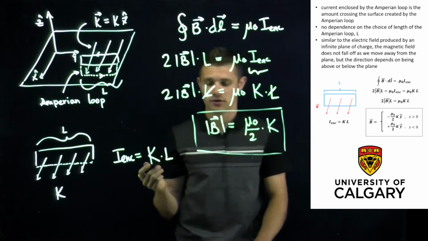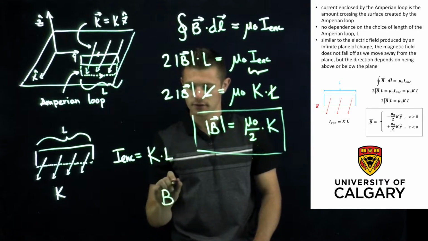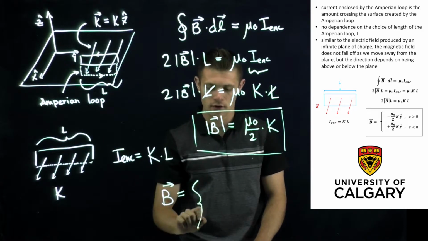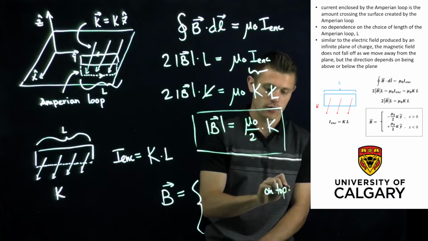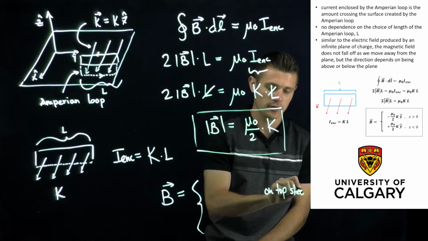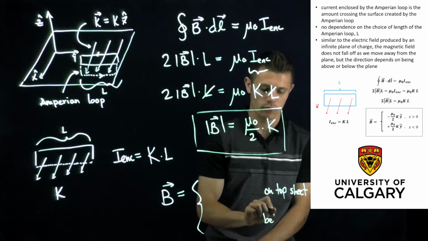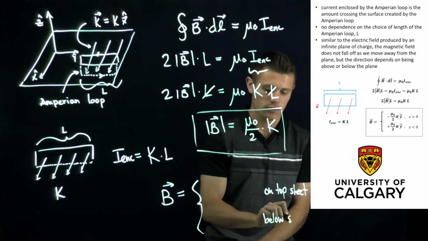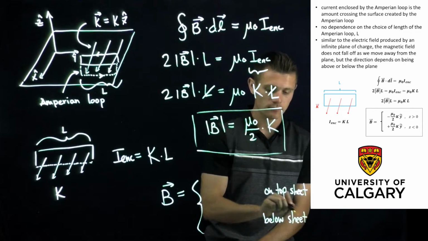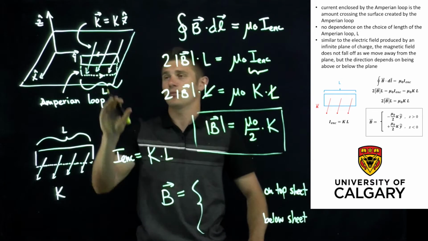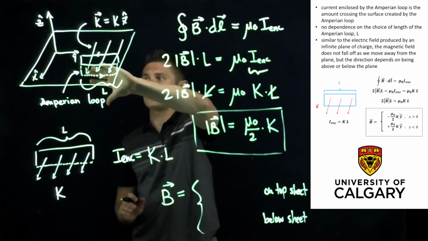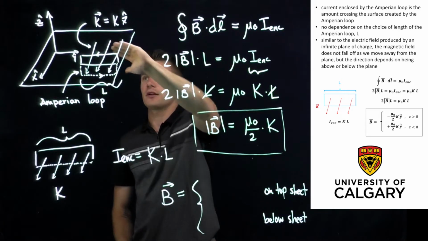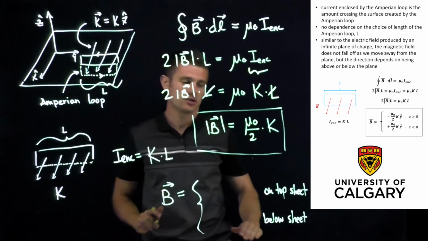Now, to find out what the direction vector of this magnetic field is, we'll have 2 components. So we'll say that on top of the sheet, on top of the plane, and we'll have a component below the sheet or below the plane. And on top of the sheet, as we said before, we'll have the current in the positive x-hat direction, and the magnetic field will be moving in the negative y-hat direction above.